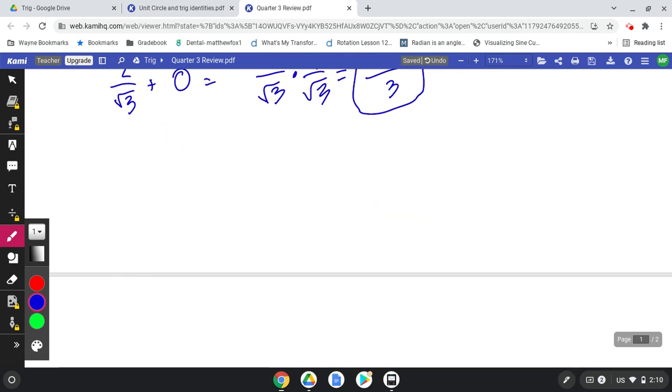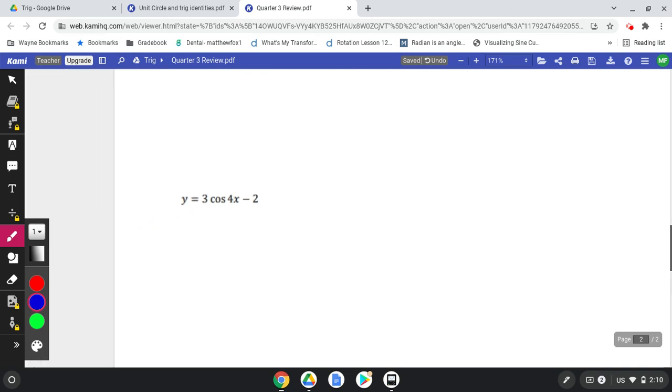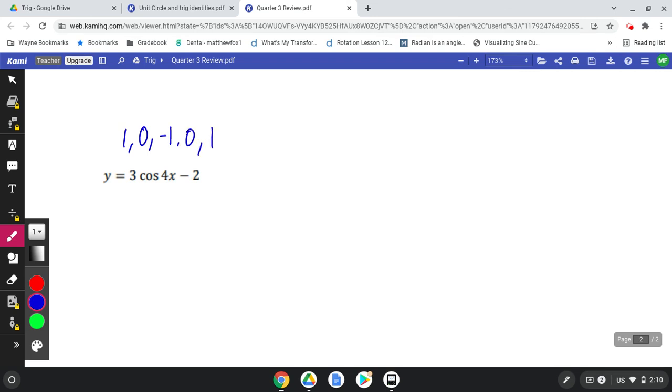Now, the second thing I want to talk about from chapter 5 is we had to graph sine and cosine functions. So we're going to graph this cosine. Remember the pattern to graph cosine: 1, 0, -1, 0, and 1. Now, the first thing we need to do is decide what's our amplitude, what's our period, is there a phase shift, and is there a vertical shift.